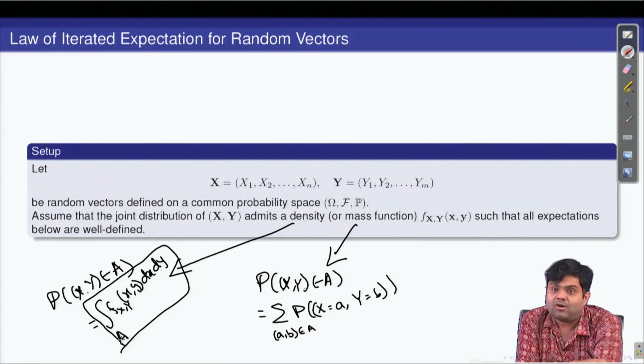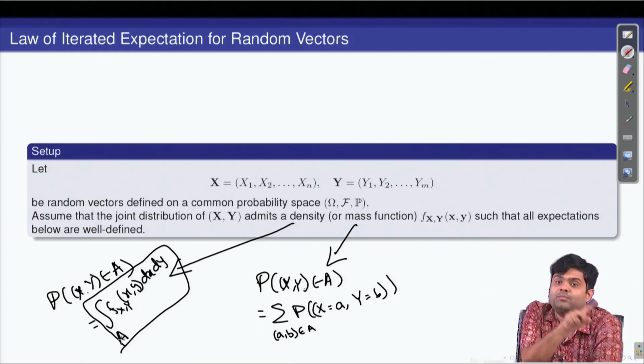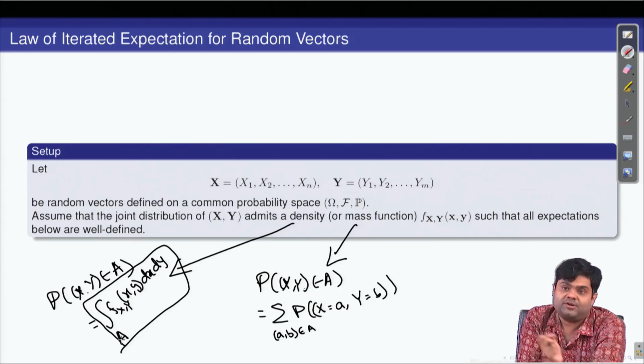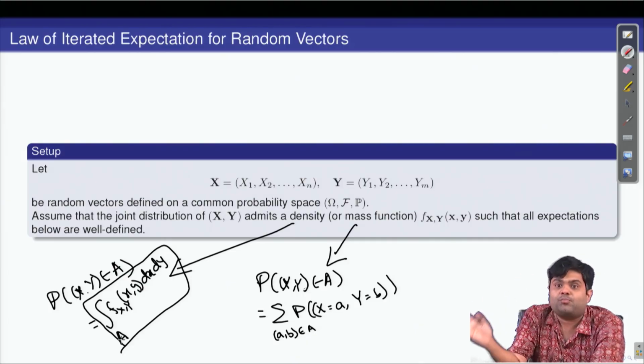So the probability of a set is not necessarily the sum of the probabilities of all points, because the probability of each point will be 0, but one can have non-zero probability for non-point sets.